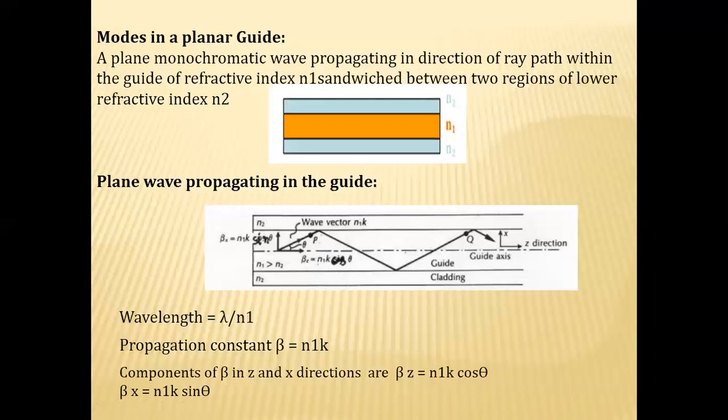The component of the phase propagation constant in the x direction: this is the z direction, here we have the x direction. So beta x is equal to N1 K sine theta.